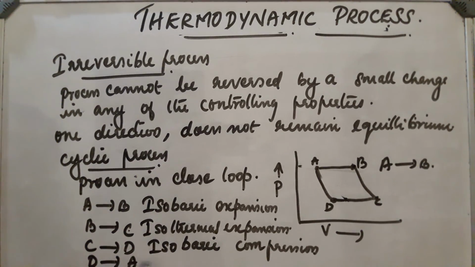D to A is isothermal compression. There is a change in the volume, so compression takes place, the temperature remains constant, and the pressure also changes. This process is called a cyclic process. In this case, the initial and final states are identical.